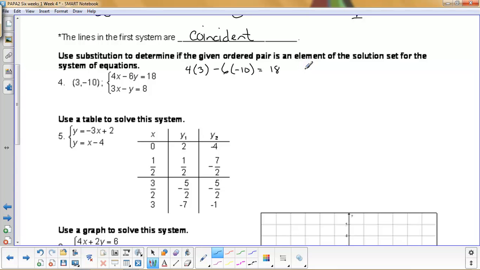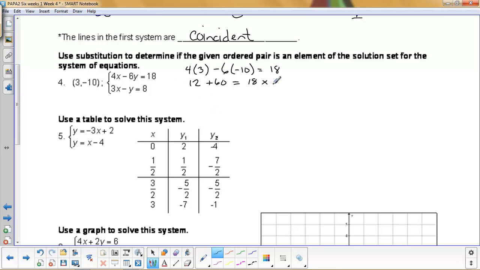That is 12 plus 60, and that result should be 18. The answer to that is no, so I'm going to put a little X there.